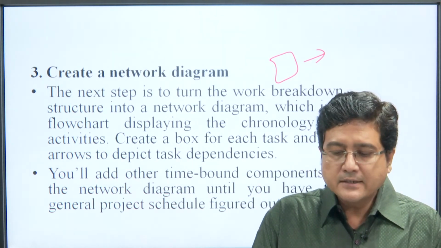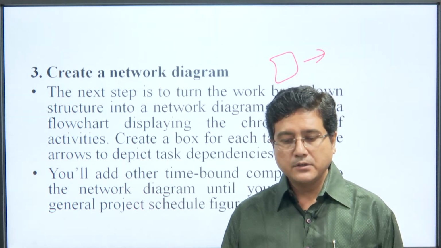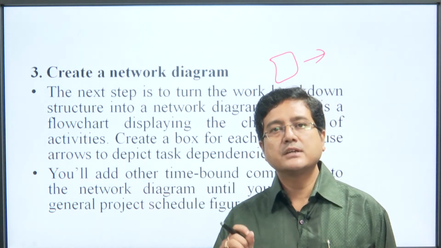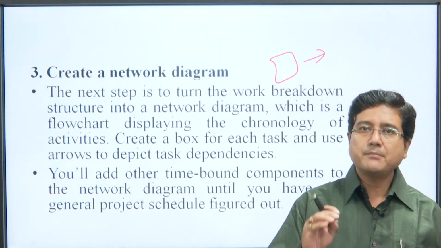You will add other time-bound components to the network diagram until you have the general project guidelines.